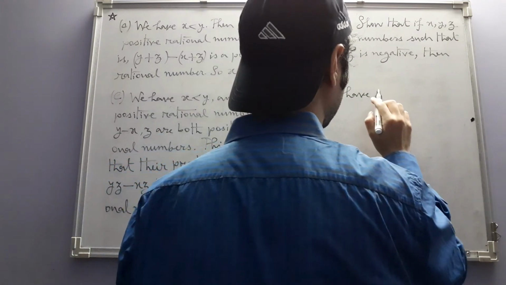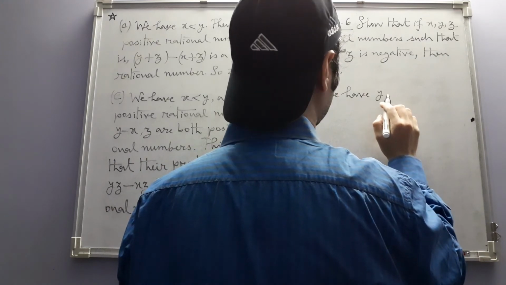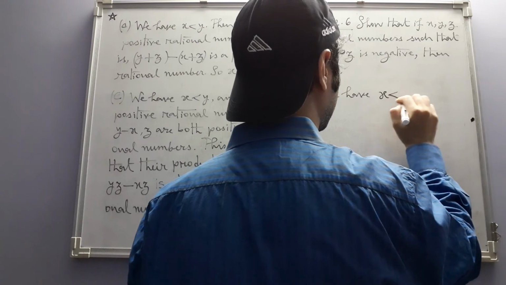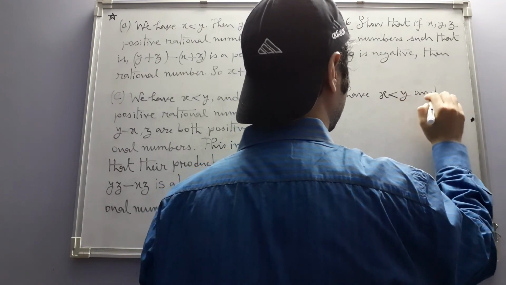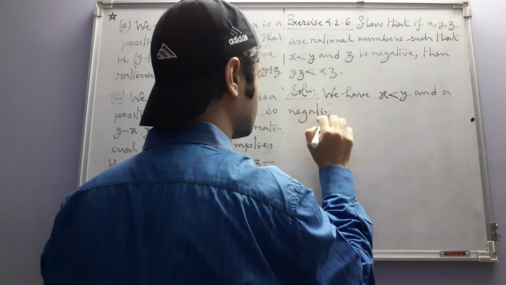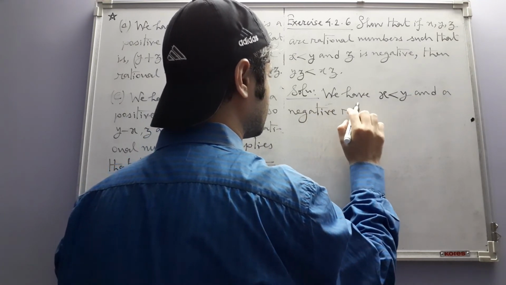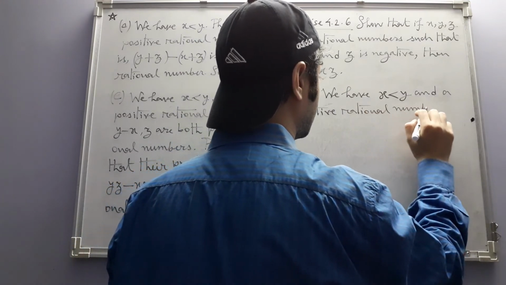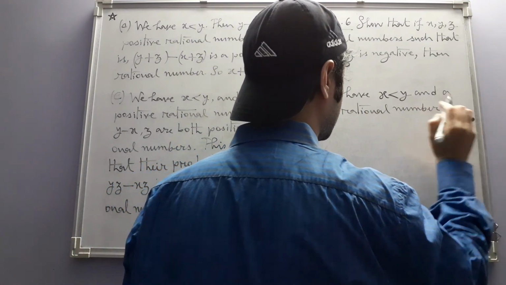We have x less than y and a negative rational number z.